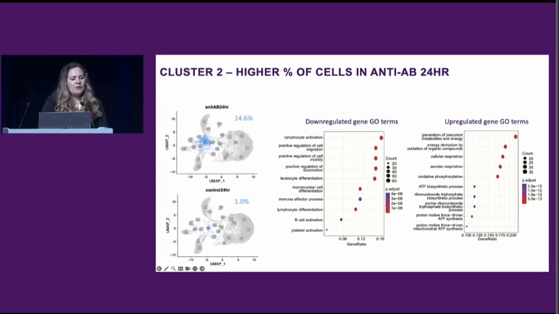Cluster 2, however, which was on the other side of the UMAP, was the opposite, where for the downregulated genes, the GO terms that enriched were immune response genes and motility. And for the upregulated genes, we saw increases in that cellular respiration that I just mentioned, suggesting that there is an opposing response here.